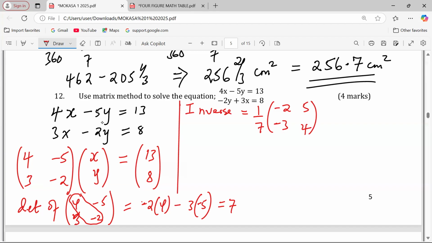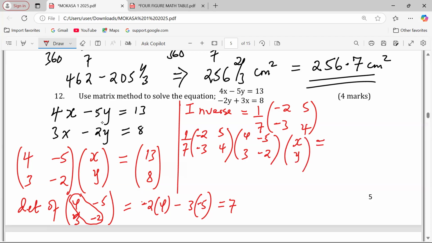We reverse the sign in the other diagonal, but in the leading diagonal, we change positions of the elements. So that is the inverse now. We have to multiply with this inverse both sides of the matrix equation. It is a pre-multiplication, so it should come first.